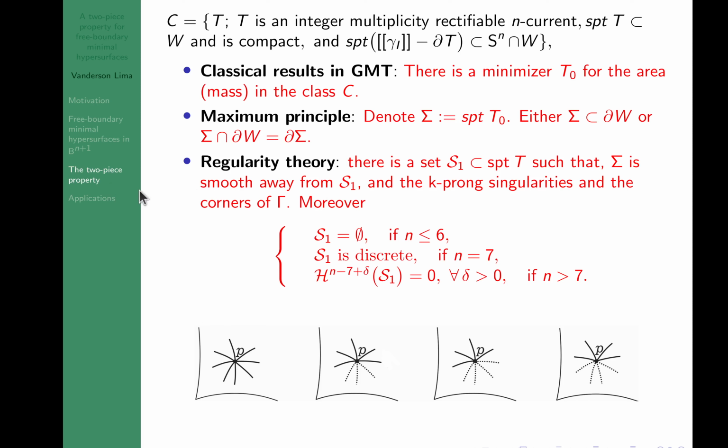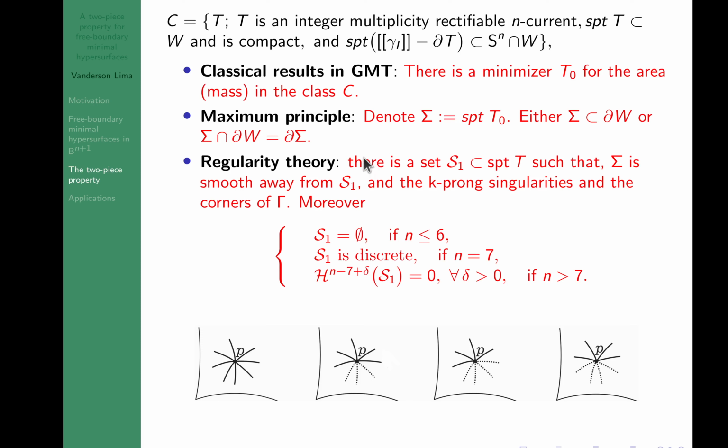In the first case, the tangent point is in the interior, and in the other cases, the intersection is at the boundary. Here the picture is only in dimension 2, but we have a similar description in all dimensions.